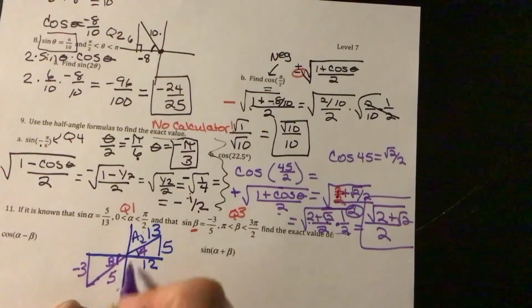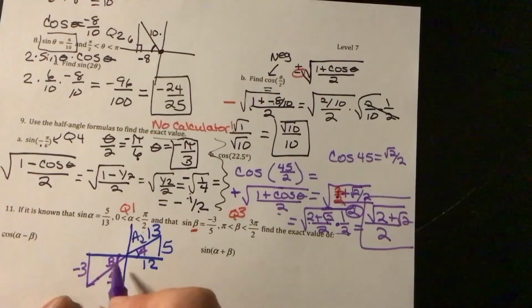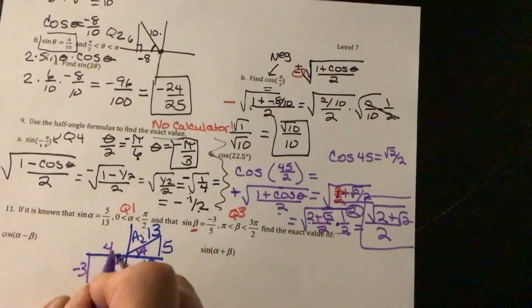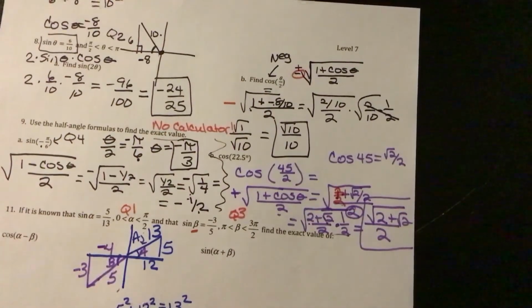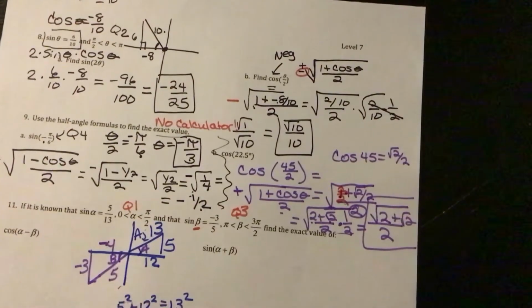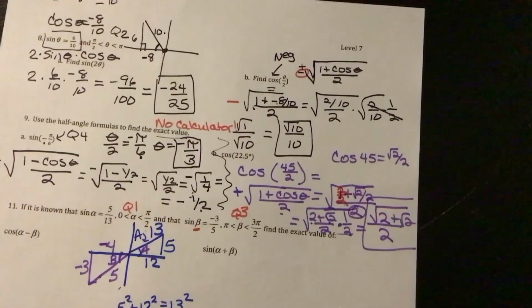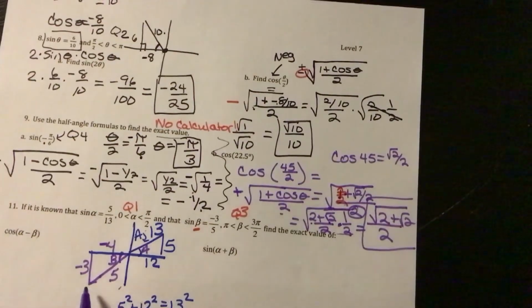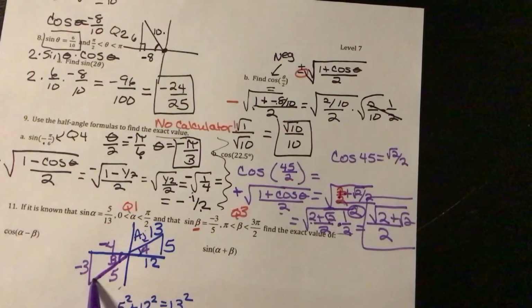This is a 3, 4, 5 triangle, and if you don't know that, you can do the Pythagorean theorem. So this also is going to be negative because it's in the negative direction. Okay, so negative and negative. My hypotenuse is always a positive value.